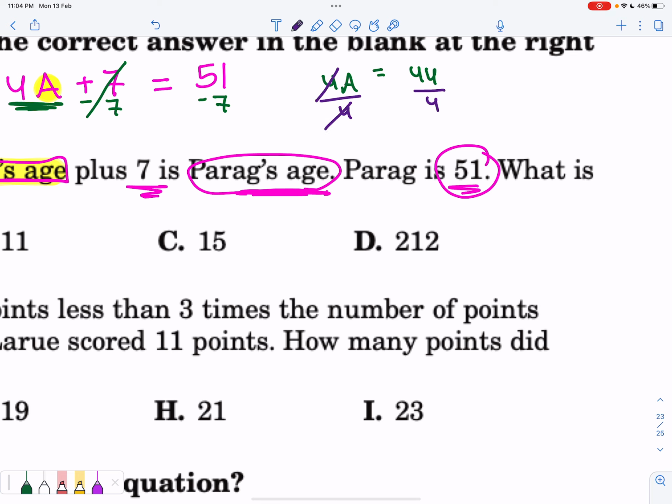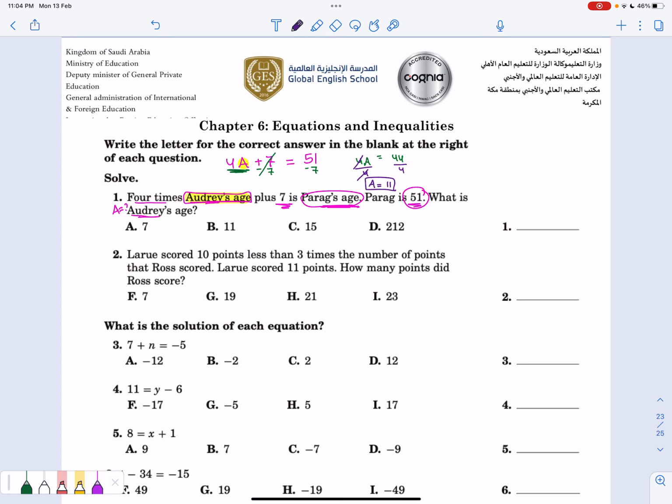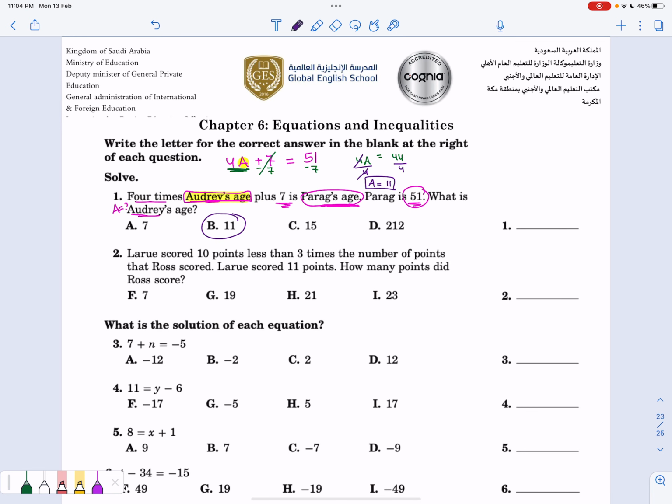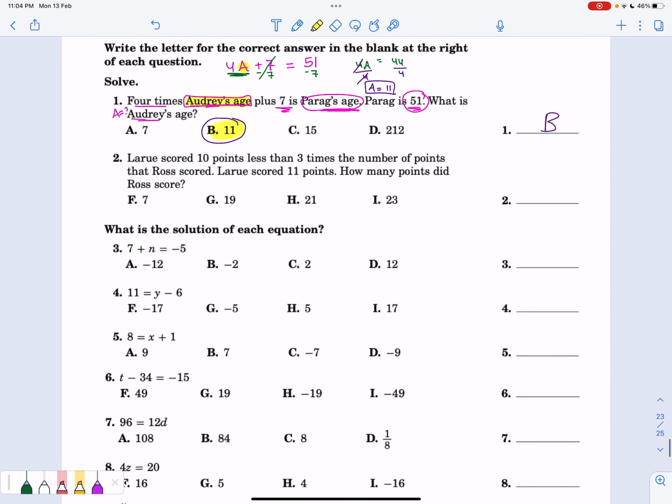The 4 will go with the 4, and I just have A. So A equals 44 divided by 4, which is 11. So Adria's age is 11. Where is 11? It is answer B. So 11 is the correct answer, which is B.